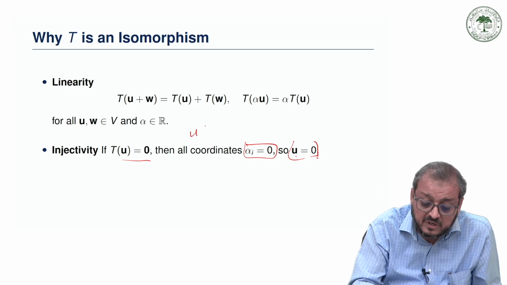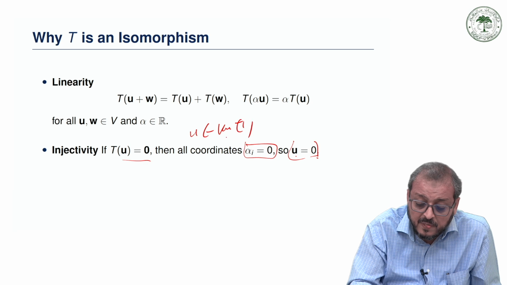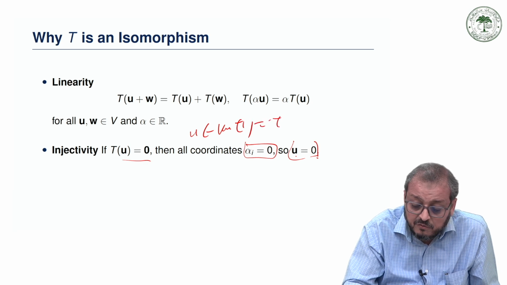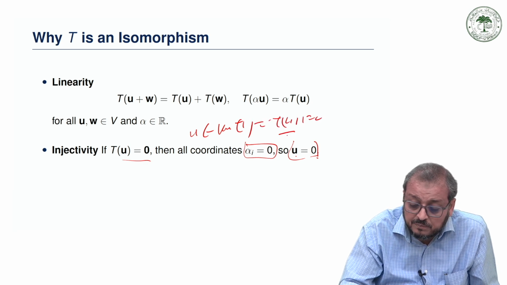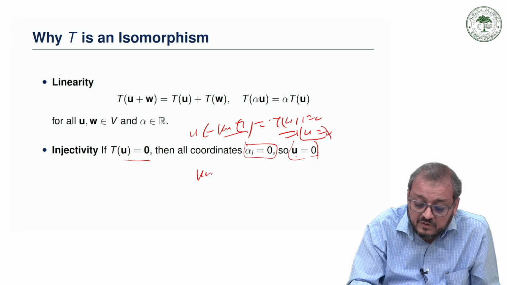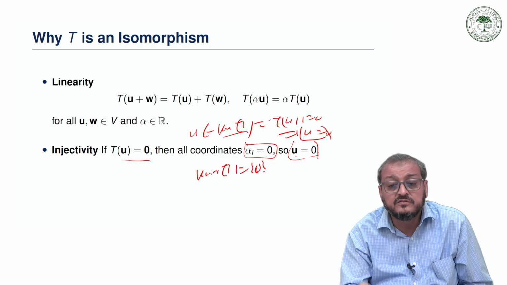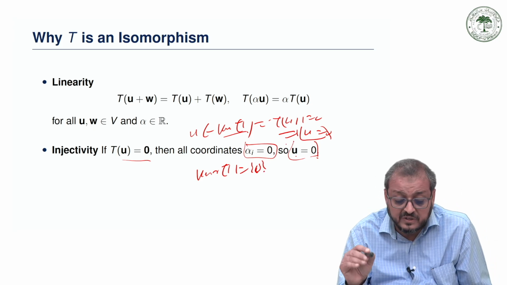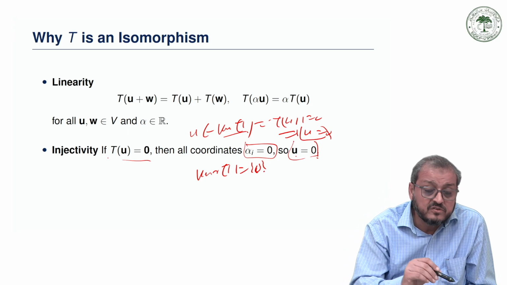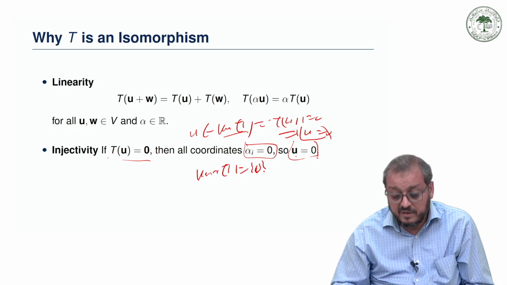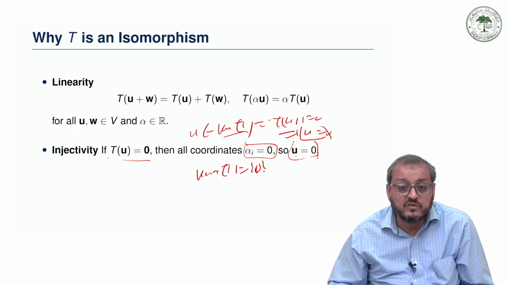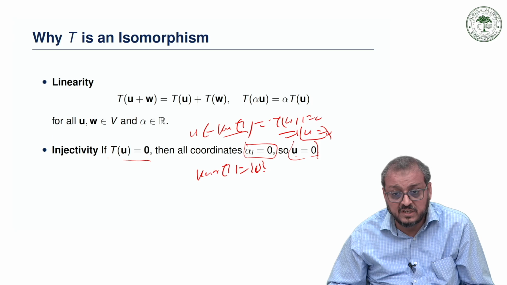If u belongs to the kernel of T, then by the definition, T of u is equal to 0. This implies that u is equal to 0. So, the kernel of T is the zero subspace, and if the kernel of T is the zero subspace, then clearly T is one-to-one. We also have to show that it is surjective.